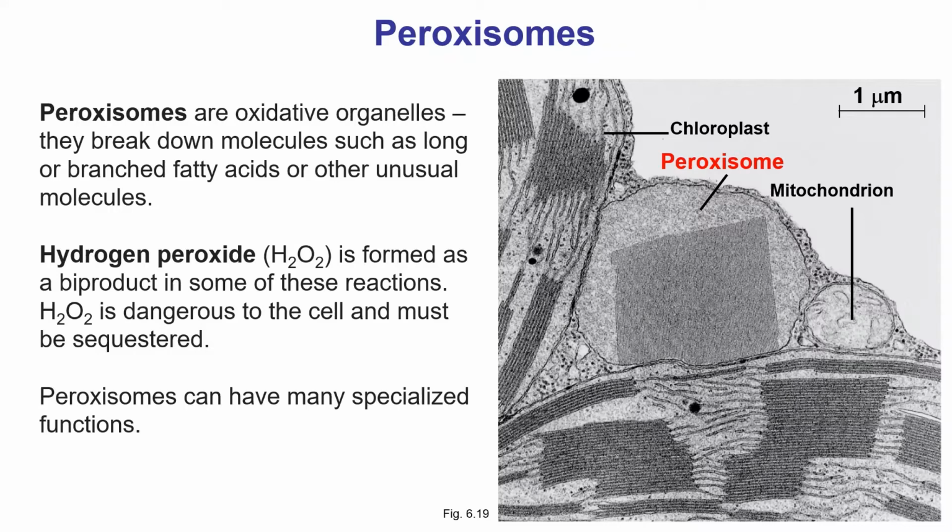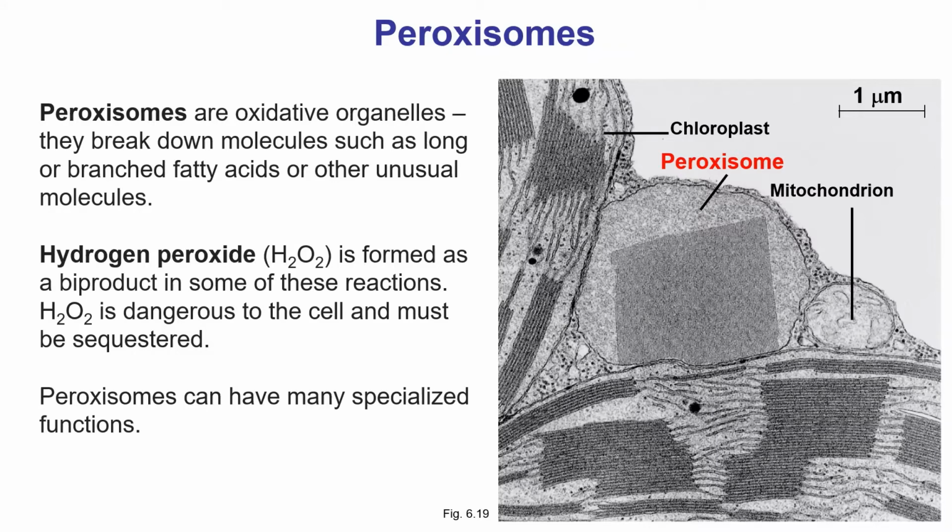So to give you an idea of some of the things that are going on, if you're an animal cell, sometimes you eat food and it has fatty acids that are weird. They're like extra long, or they're branched or something like that. And normally normal fatty acids are actually broken down in the mitochondria. But the fancy ones, the mitochondria can't break it down. So they go to a peroxisome, and oxidation means breaking down. And often in these breakdown reactions, hydrogen peroxide is produced.